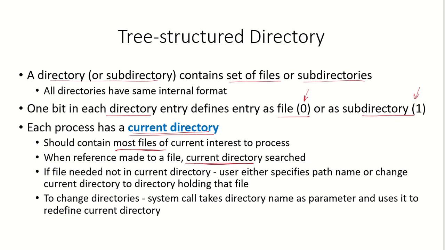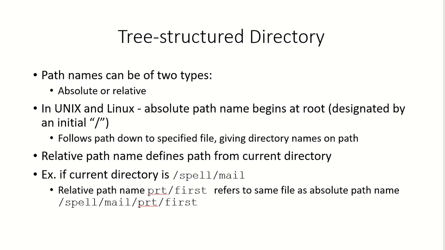And if the file which is needed is not in the current directory, then the user has to specify a path name, or change the current directory to the directory which is holding the particular file which is needed. To change the directories, the system call takes the directory name as a parameter and uses it to redefine the current directory.